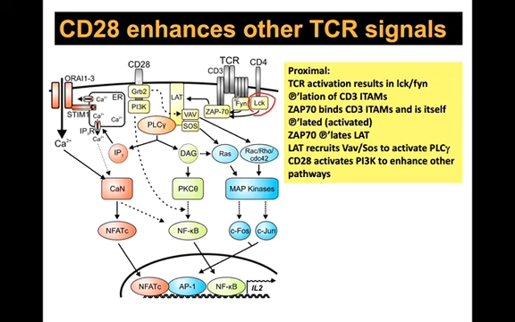Those can sort of compensate for LCK, but they're not as important. LCK is the main one. So that's going to bind, the CD4 is going to bring that in, or CD8. It's going to phosphorylate the CD3 zeta, which brings in ZAP70, okay? ZAP70 phosphorylates LAT, and then it has all these other proteins that bind to it, okay?